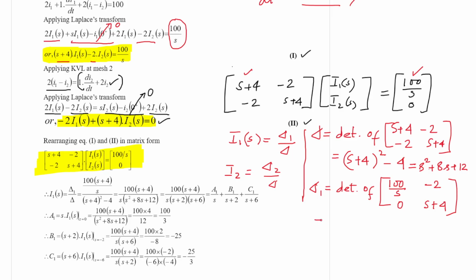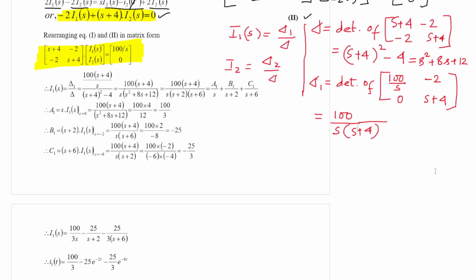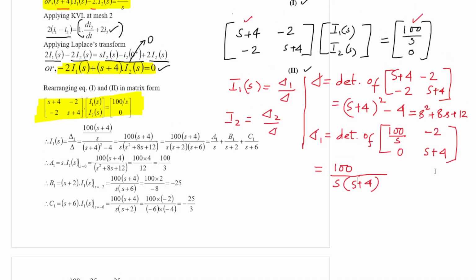So this is equal to 100 by s into s plus 4. So this will be delta 1. What is delta 2? Delta 2 is nothing but the determinant of this matrix.